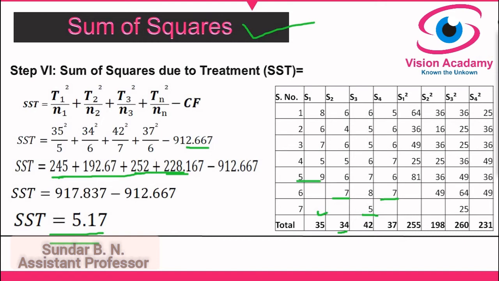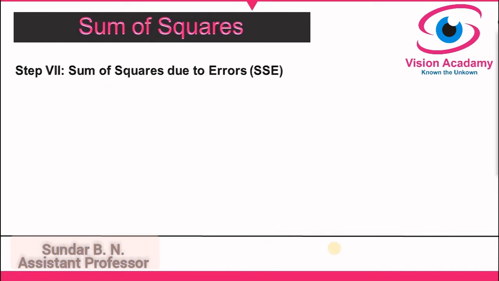In the next step, let us find the SSE, that is sum of square due to errors. We know the formula for sum of square due to error is TSS minus SST. We just found the value of SST, and we have the TSS we found in the earlier step, that is 31.33, and SST is 5.17.